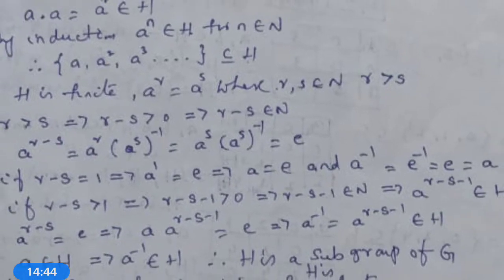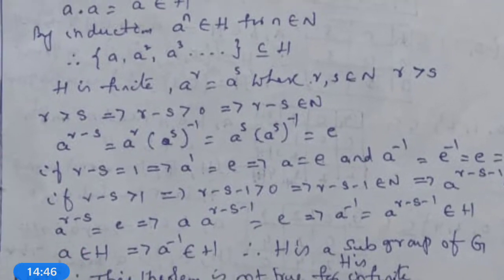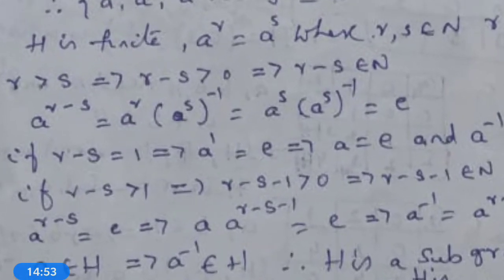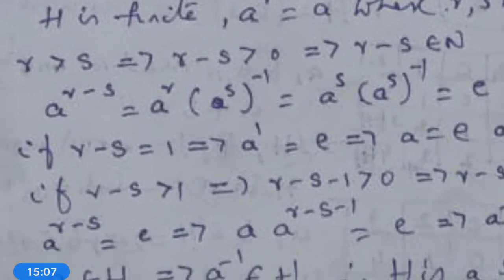That is, a power r is equal to a power s, where r, s are natural numbers and r greater than s. r greater than s implies r minus s greater than 0, which implies r minus s also belongs to N, because r minus s is greater than or equal to 1.